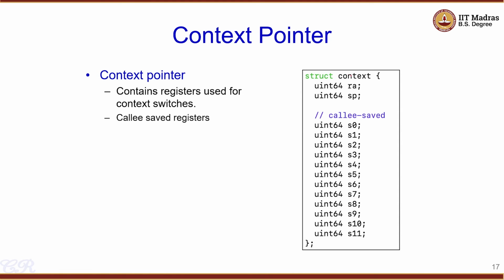These are the callee saved registers. To switch from one context to another, we move between one process's context and another using this particular structure.